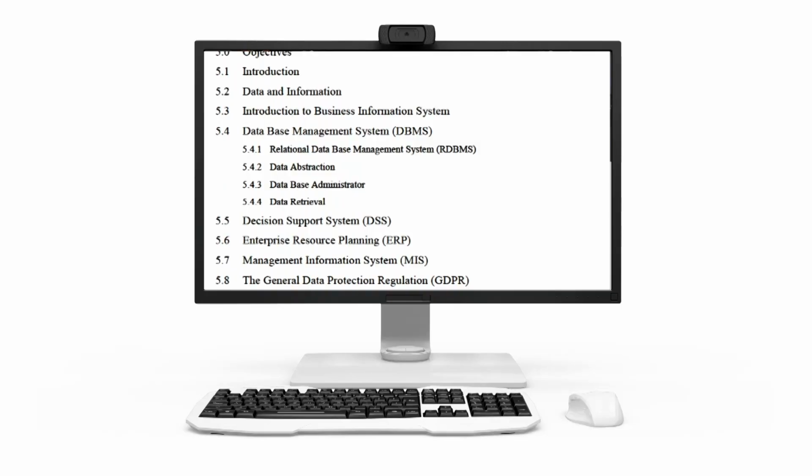So the database management system talks about relational database management system, data abstraction, database administration, and data retrieval, which is important, because whatever data you have stored, sometimes you require it for future purposes, but your servers or external storage are not able to provide it. Whatever time frame you have given to store the data, if you are not going to retrieve the data, ultimately there is a loss of a certain amount. So that needs to be taken care of.